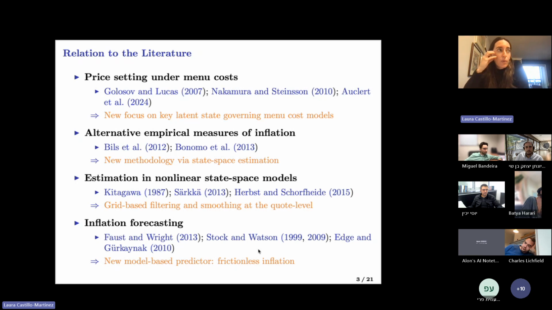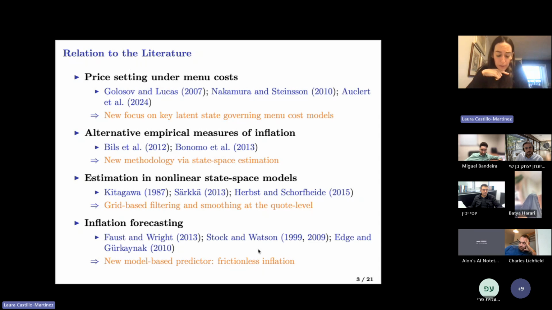The validation exercises that we've been working on so far have to do more with exploiting the sectoral differences and looking at whether the differences between frictionless and actual inflation are bigger in those sectors for which we know that prices are more rigid. There is some consensus in the literature, not necessarily looking at the prices, but there is a belief that there should be more frictions in how price setting works. So that's where we're going, but this is also a very good point.